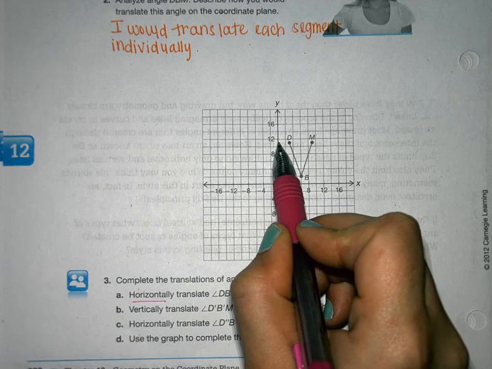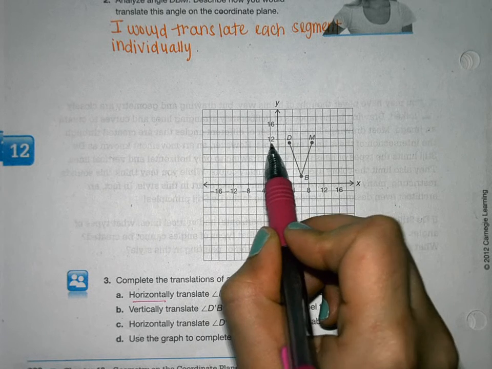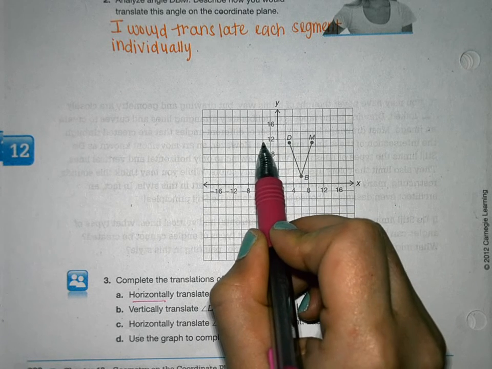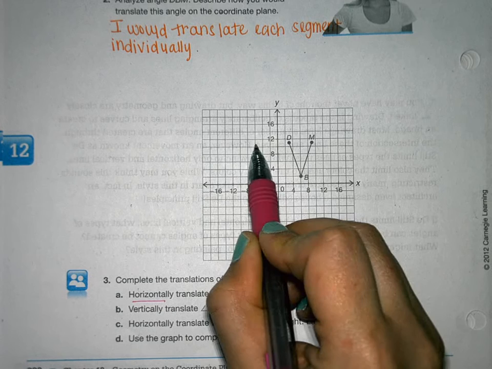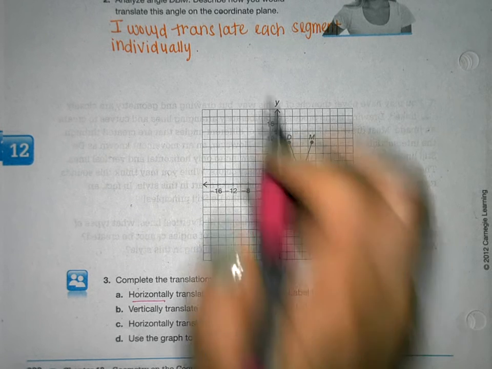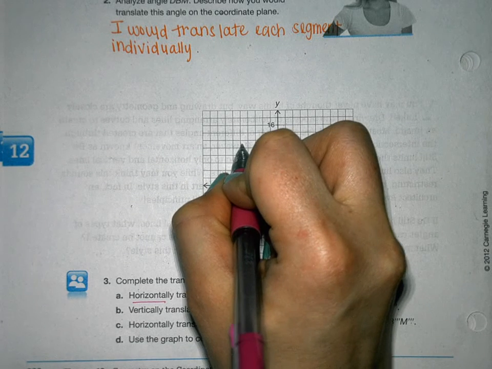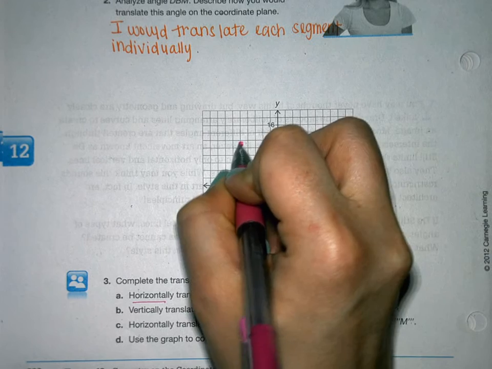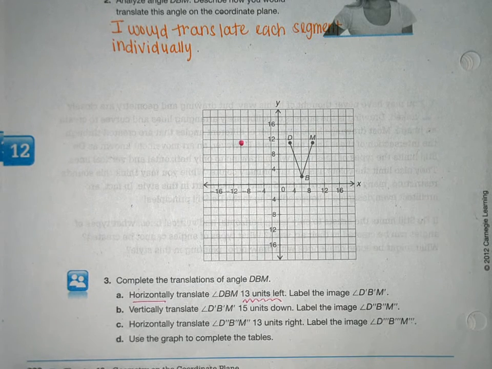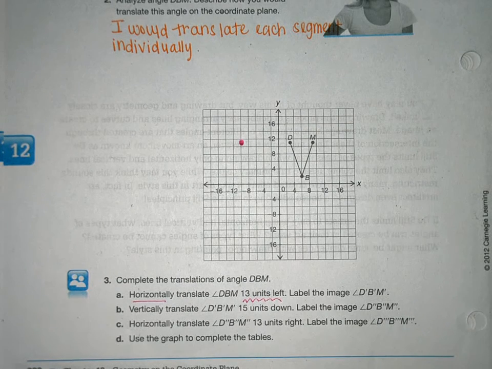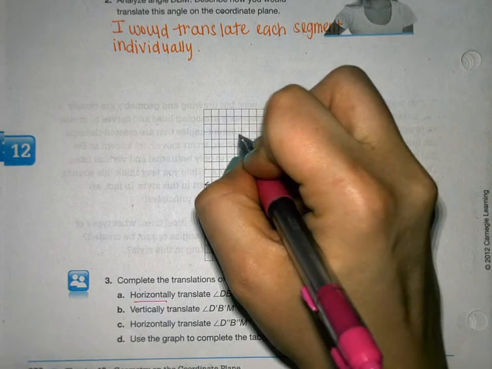And then the next one is going to give me 2 more, so that's 3, 5, 7, 9, 11, and 13 is going to be right here, still in between 2 endpoints. That's going to be D prime.